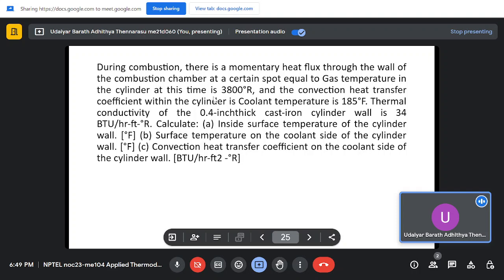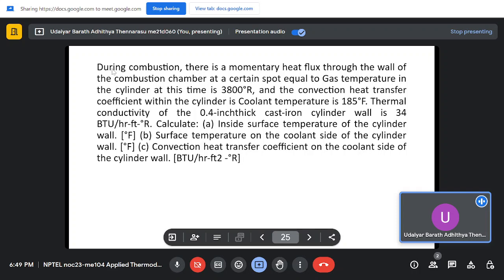This is given in Rankine, the temperature is asked in degree Fahrenheit, and the heat flux is given in BTU, British thermal units. So the units are different, but the ultimate aim is to see how to solve the problem.